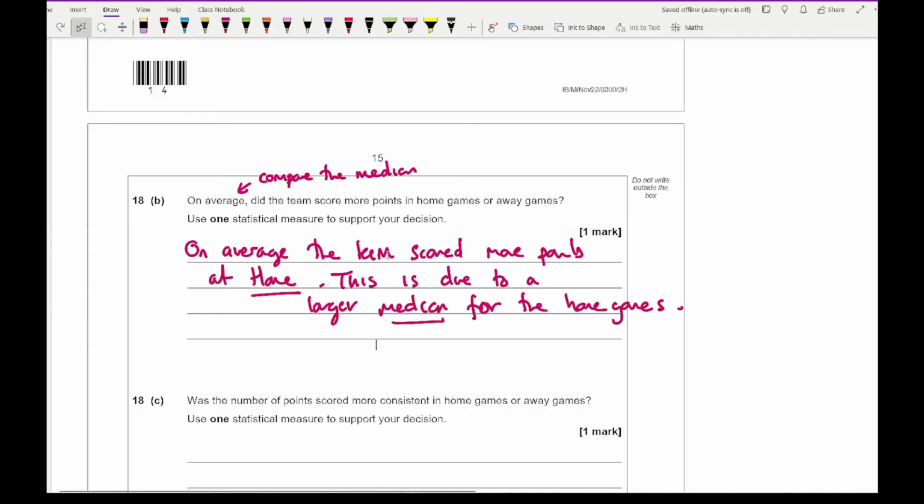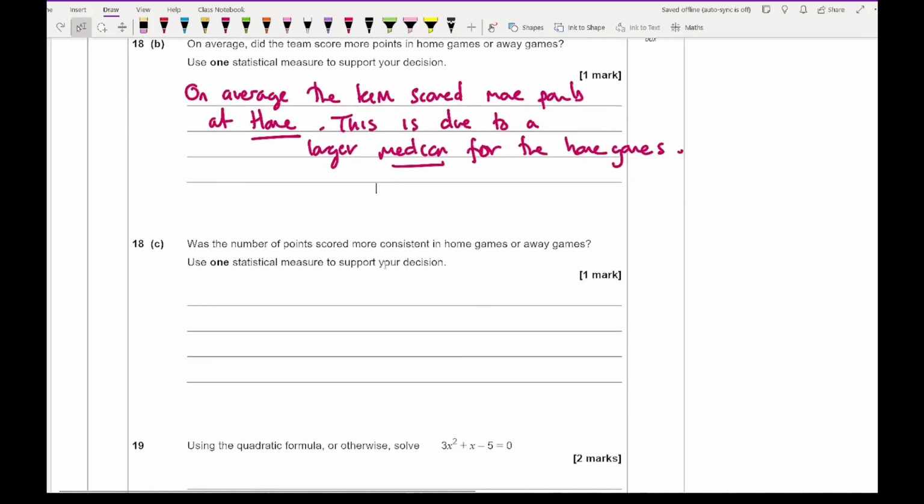So something along the lines that you're comparing the median and you're saying home is going to be absolutely fine. Then for C, it says, was the number of points scored more consistent in home games or away games? Use one statistical measure to support your answer. So again, what you want to do here for consistency is compare the IQR, which is the size of the box. Now the IQR for home was 22.